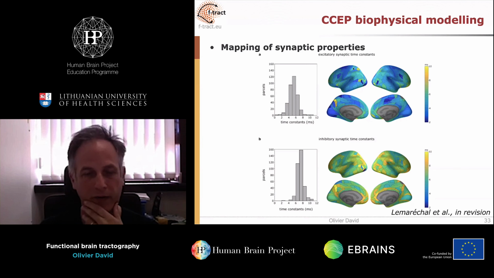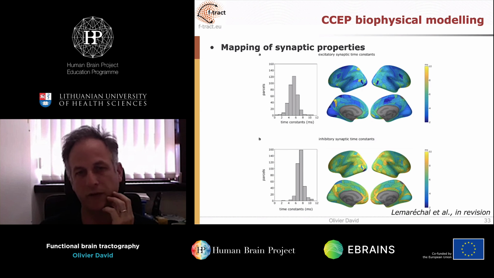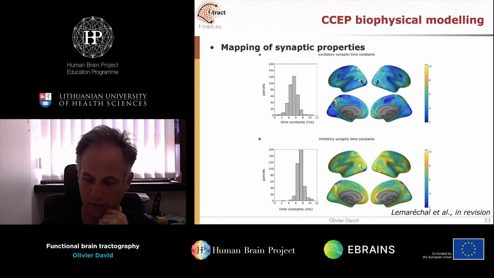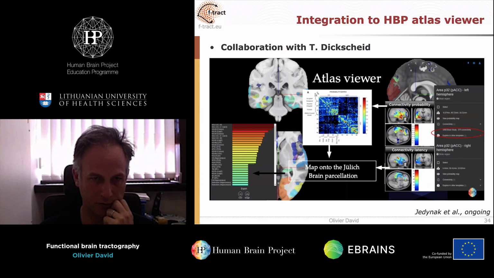There are some nice features that are starting to be estimated with this kind of modeling that are not accessible with the structural imaging data that Jean-François showed us. So as Jean-François said, we are working on the Atlas Viewer to map everything in the HBP multi-level brain HBP Atlas.